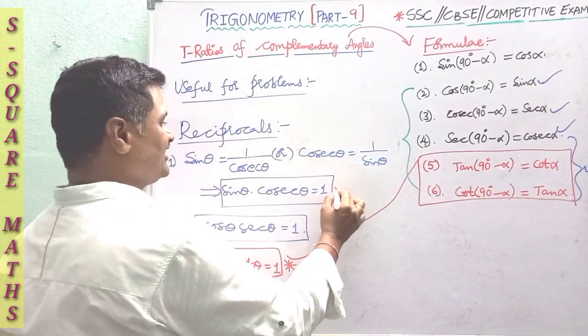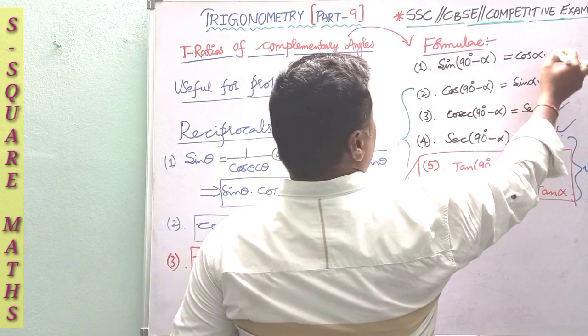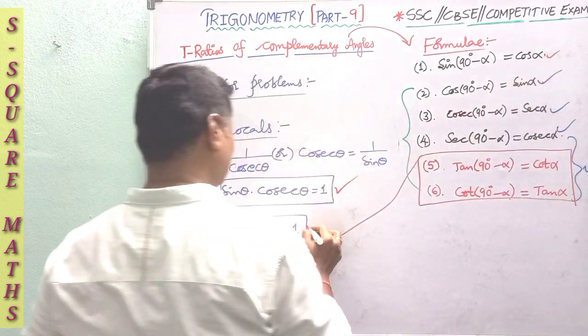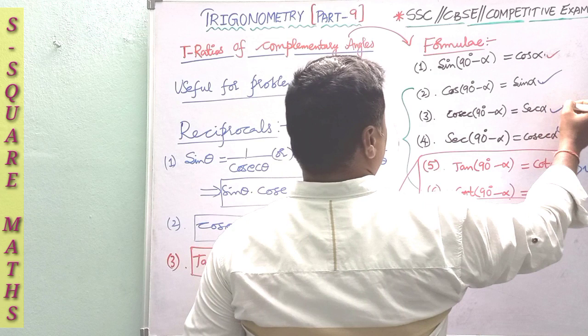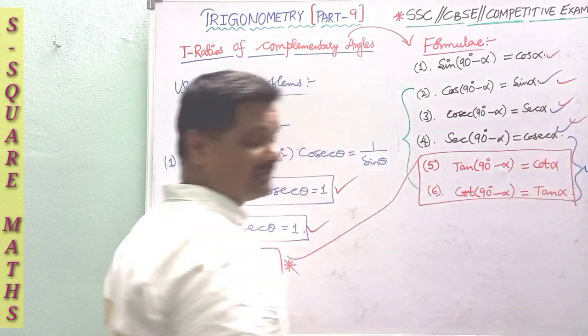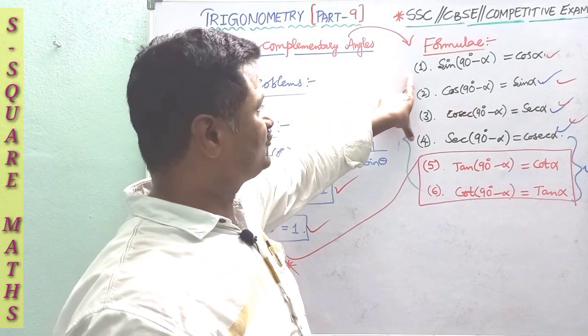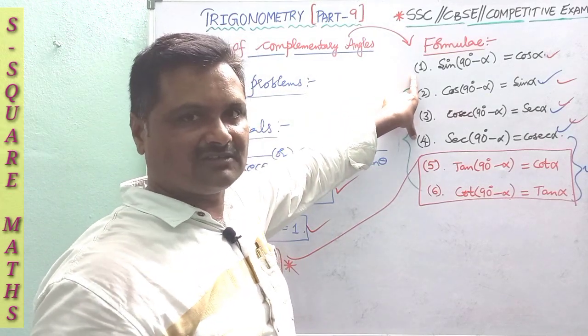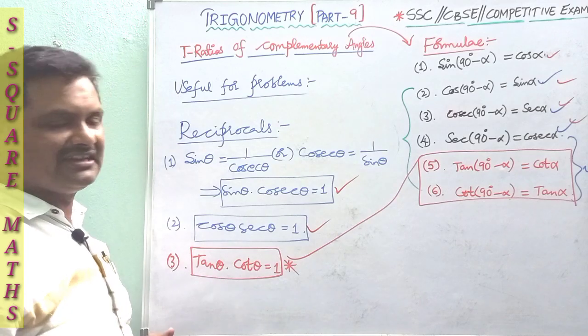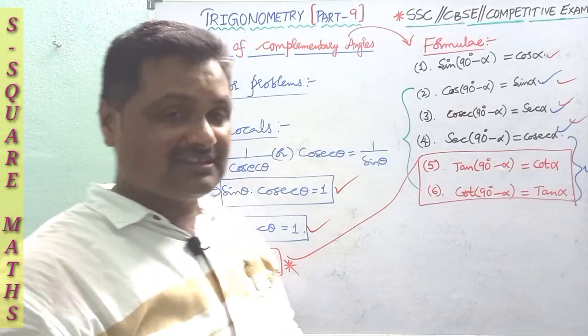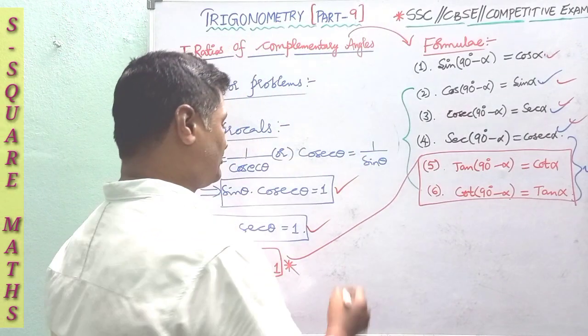And this one is different from this one, and this one is different from this one. So please be alert. These two parts are different from these four parts and vice versa. But these two are the same in nature.